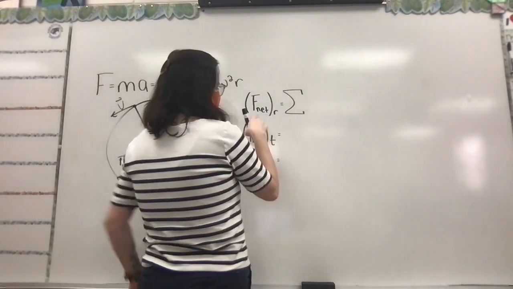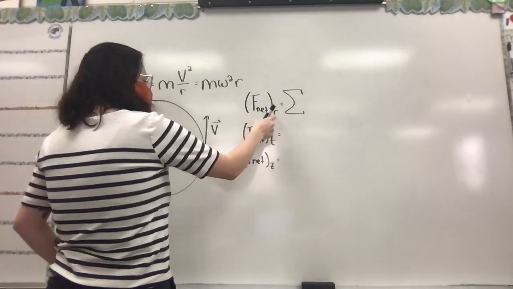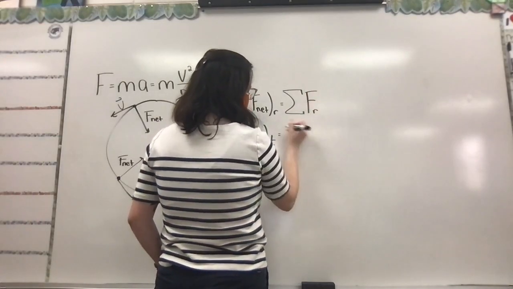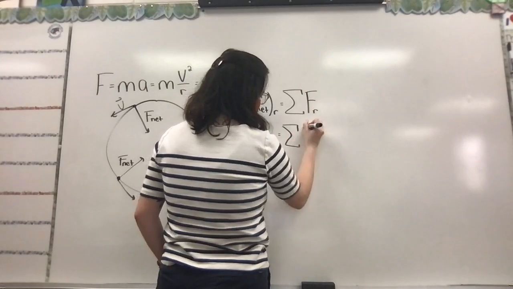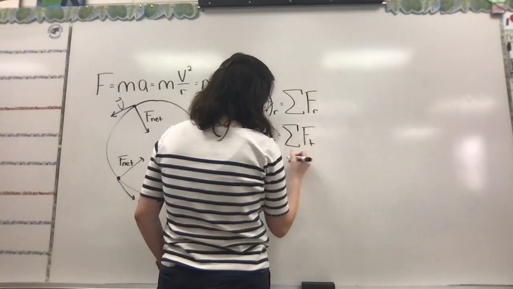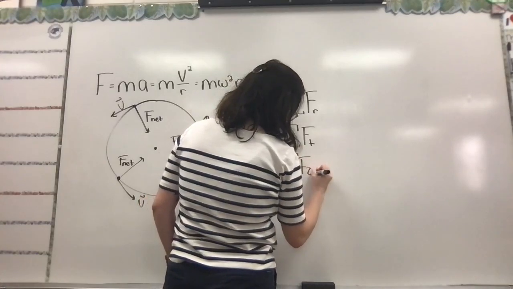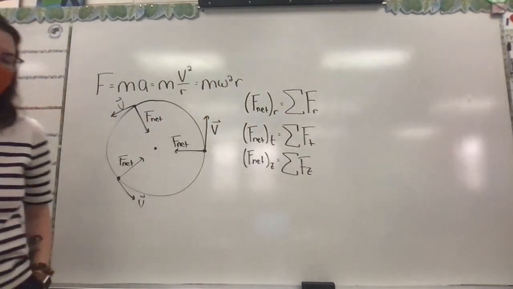So the F net of the R would be the summation of all of the forces in the R. The T would be the summation of all of the forces in the T. And the Z would be the summation of all of the forces in the Z direction, or the Z plane.